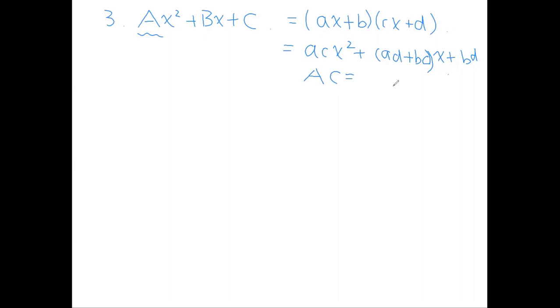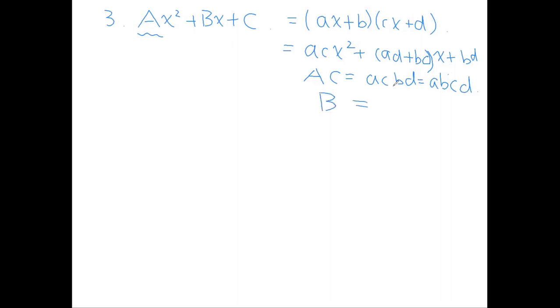Okay, if you check the original one, what is our A times C? Let's check. You might ask why we need to look at A times C, and we will see that. So you have AC times BD, that is ABCD, right? And then you check the middle term.